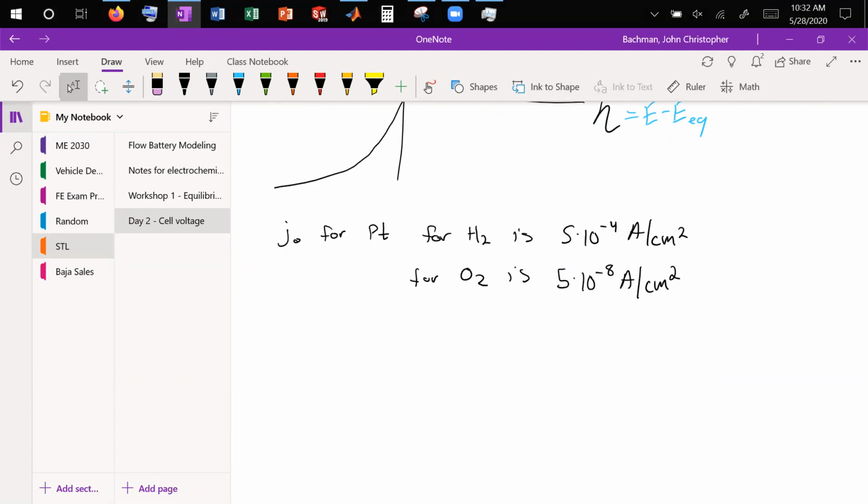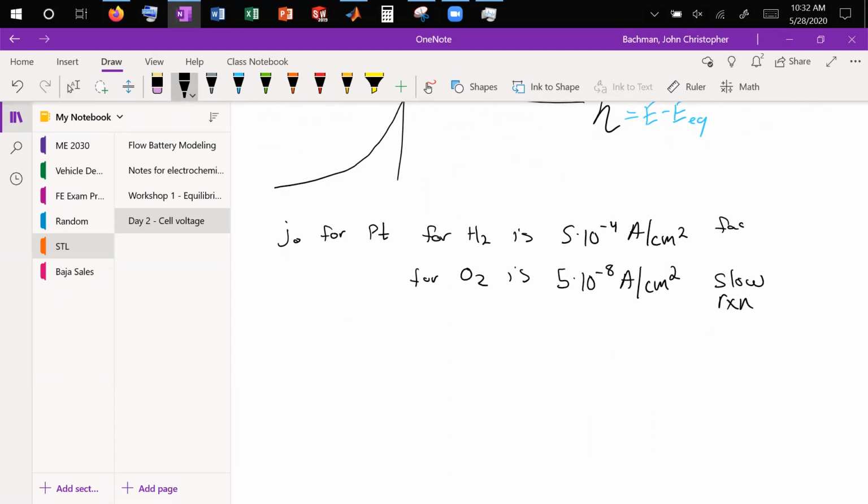And so where do you think we put more of our platinum? Do we put it more on the hydrogen side of the fuel cell or more on the oxygen side of the fuel cell? You know, it's not cheap, so you don't want to waste it. So should you put more of your catalyst where it's slow or where it's fast? This is the slow reaction.